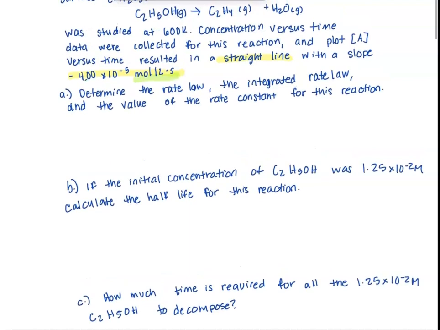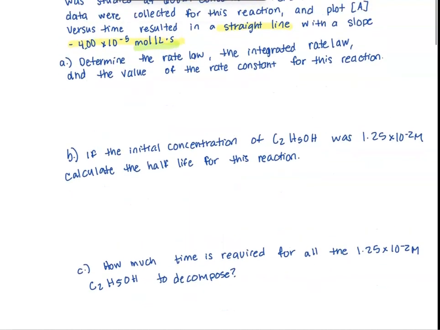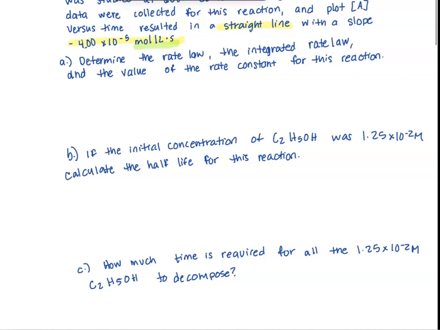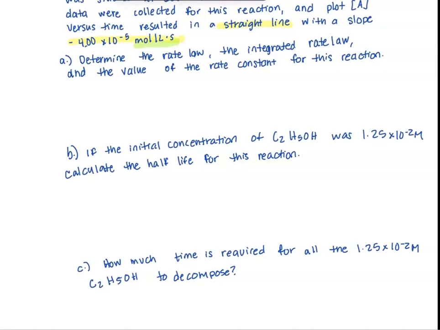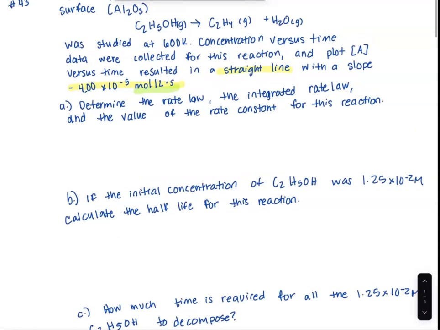It's also asking to determine the integrated rate law, so we're going to go ahead and do that. Our rate law will be rate equals k, the concentration of C2H5OH, and we know that it's going to have a naught.